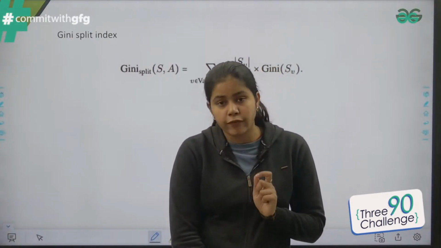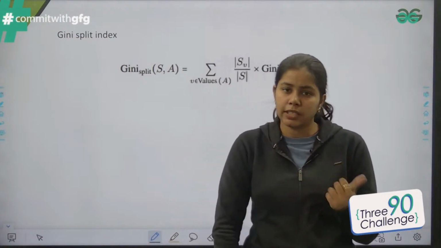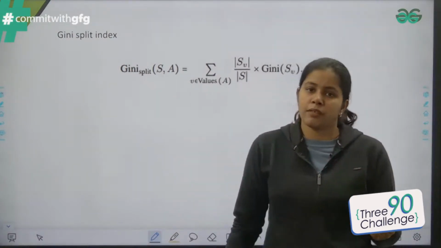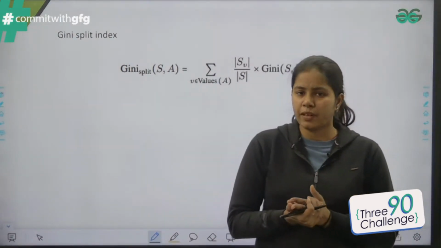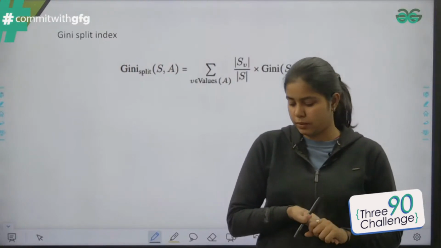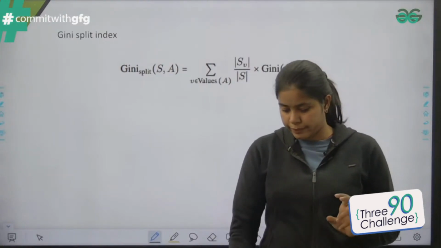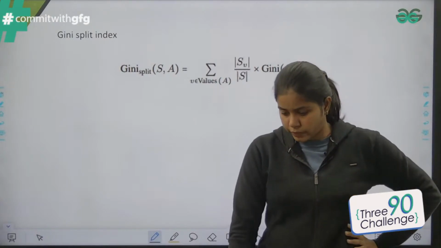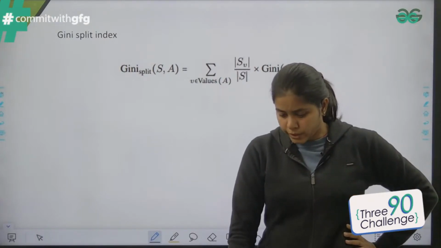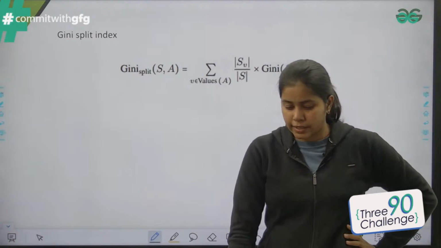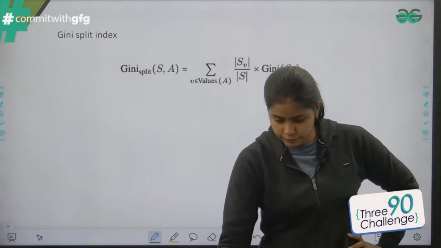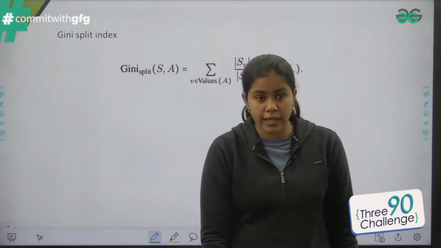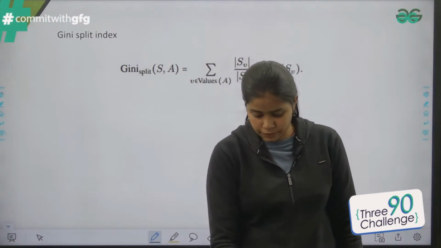Why? Because if we consider multi-class classification, then it can go beyond 1. But it has the same meaning, that we have impurity here. When we talk about binary classification, it would lie between 0 and 1. Okay. So is there any other question, guys? Just let me know if there is any confusion.